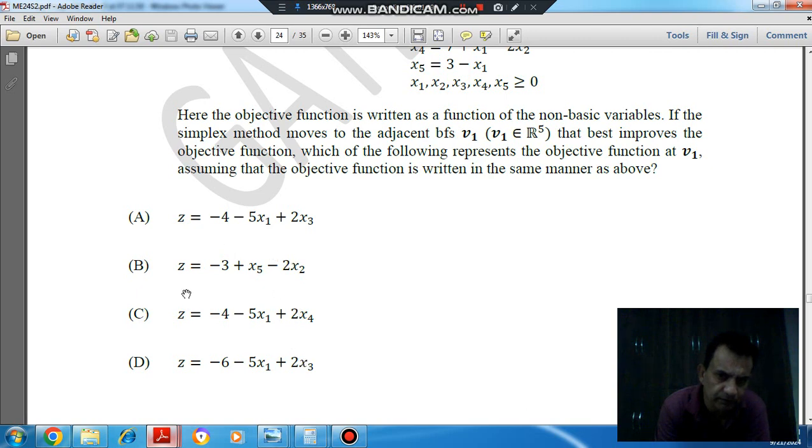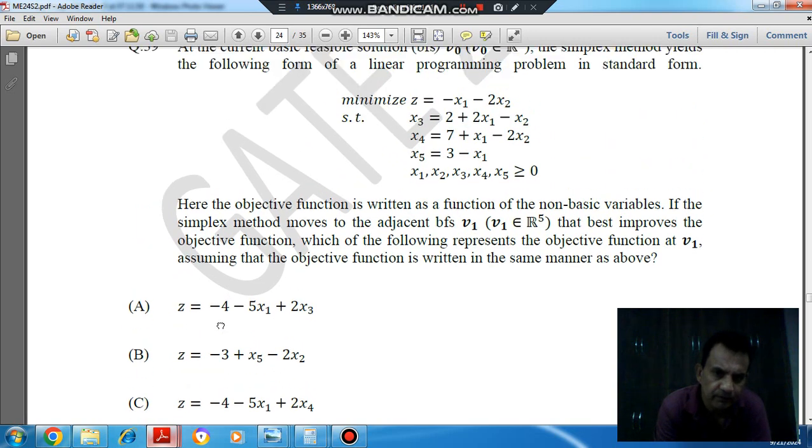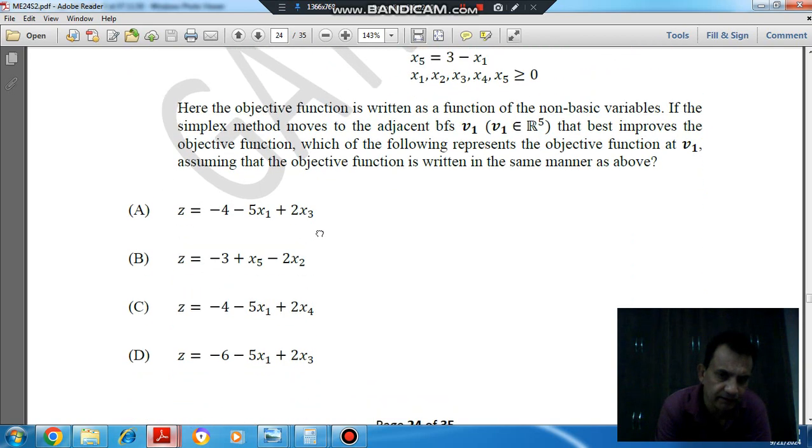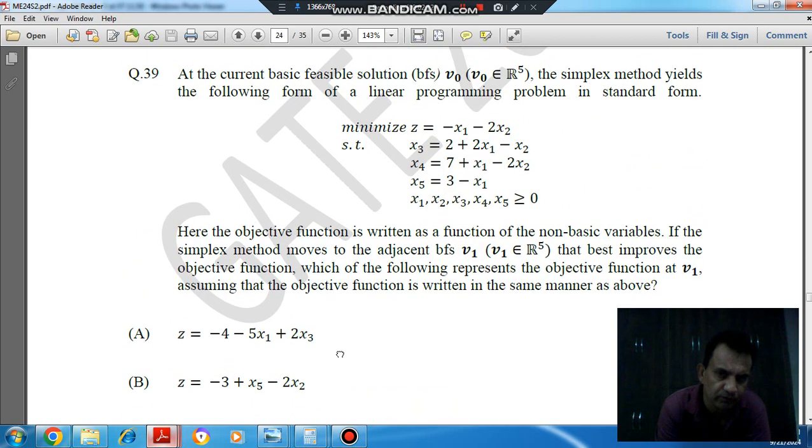Checking these two options, first of all we have x3 = 2 + 2x1 - x2, and we will find the value of x2 in terms of x1 and x3, and then input it into the objective function to check whether A or D gets satisfied or not.